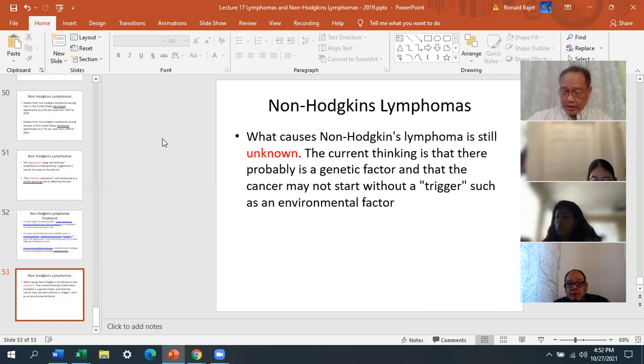Remember, it starts off as a patch or plaque, cutaneous. If you don't treat it, it'll progress to a lymphoma that affects the internal organs. That's called the leukemic phase of mycosis fungoides, where you get Sézary cells circulating throughout the peripheral blood.